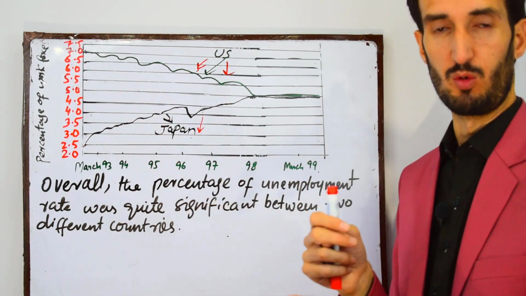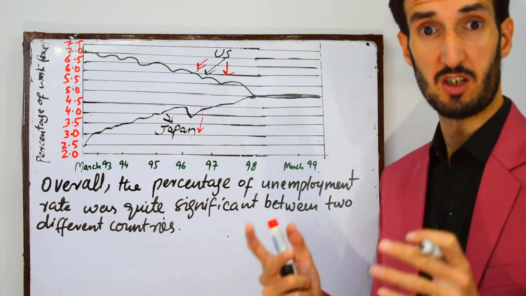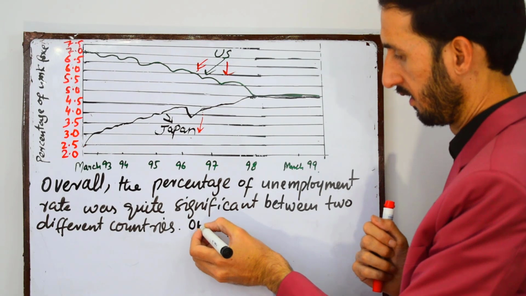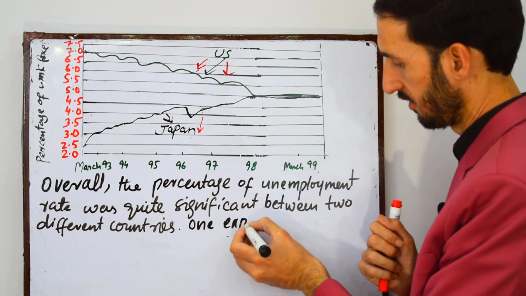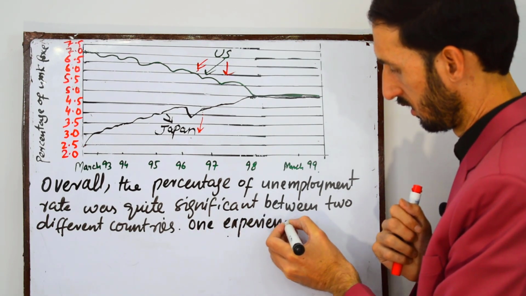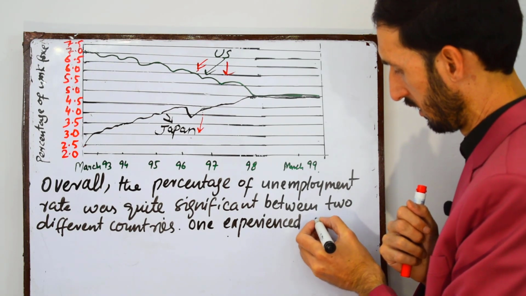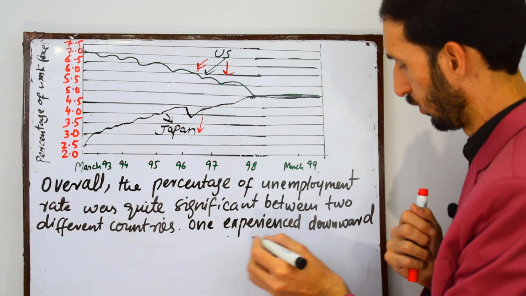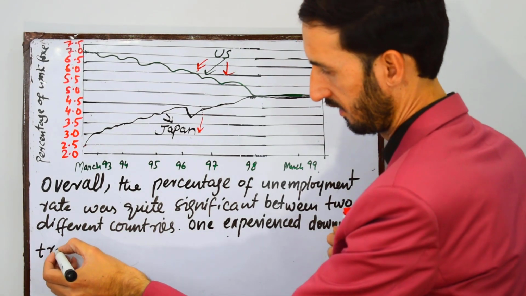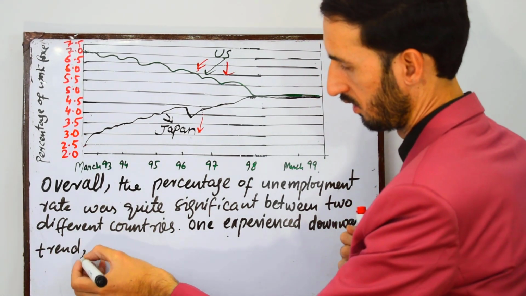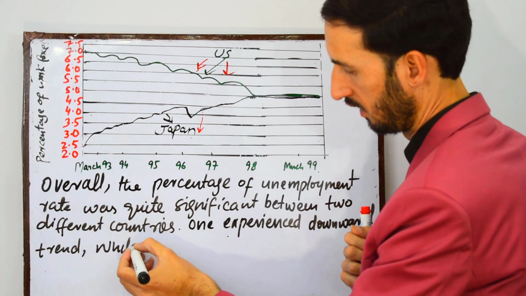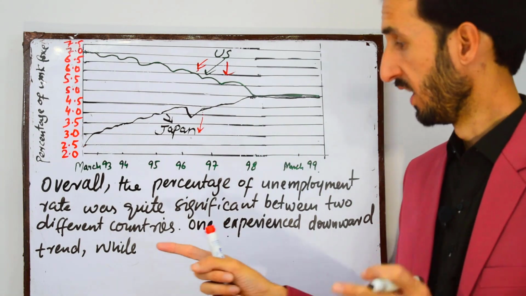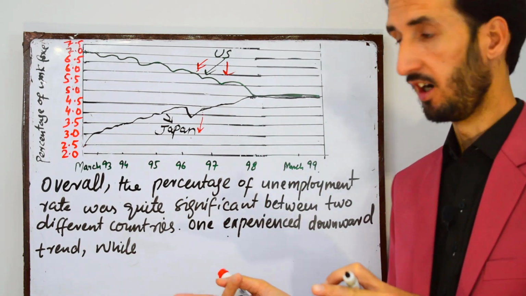And the second key feature, one showed a downward trend. One went down. Now how to write this one? Write in good English. Now I will write this. One experienced a downward trend, while, now we are going to talk about the second one, so that's why I've written the word while here.